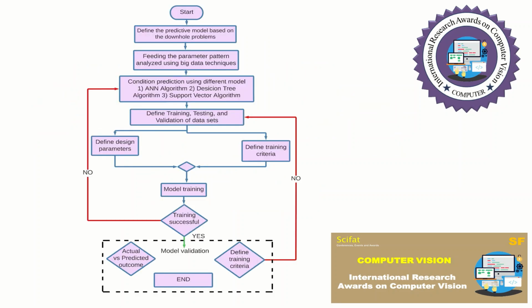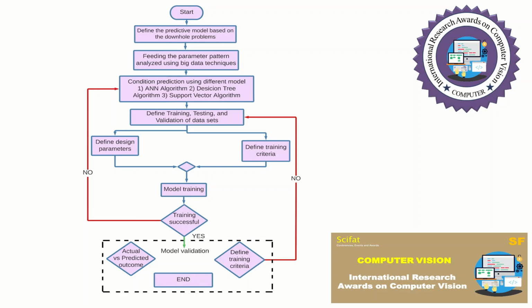Next, I will explain the algorithm. From the start, the predictive model has to be defined on the downhole drilling problems, in which the parameter patterns analyzed using different big data technologies, as explained earlier, will have to be fed.